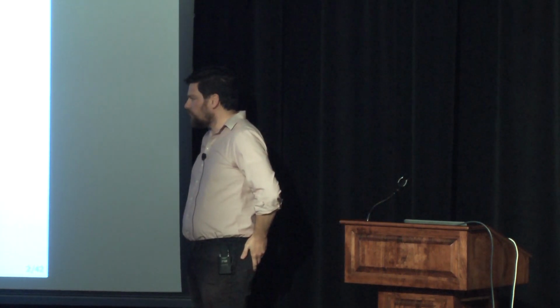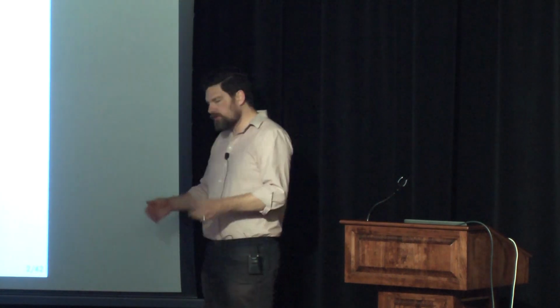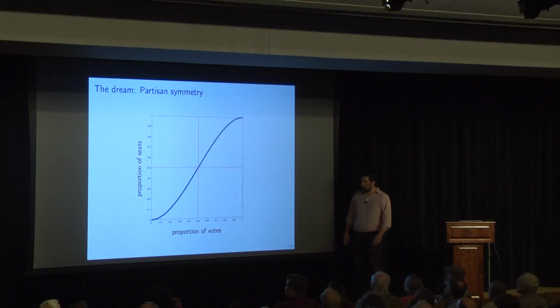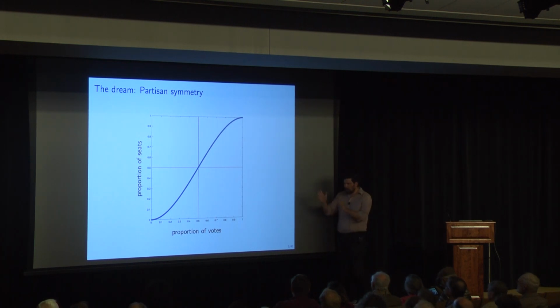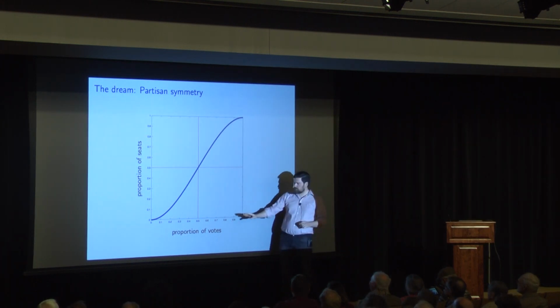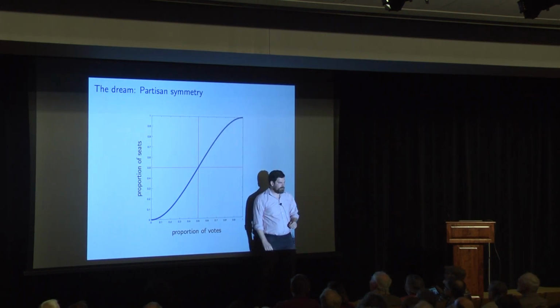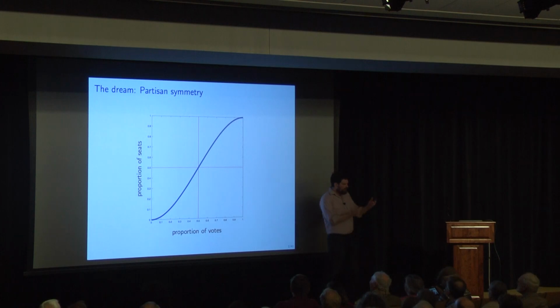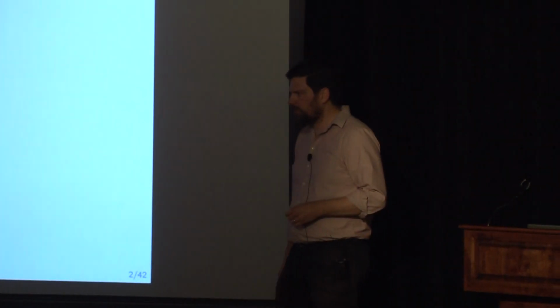So you could imagine that if on the whole scale, you count what's the proportion of votes that, I don't know, such and such a party got, maybe that would reflect somehow the proportion of seats that are won by that party. Okay? So the dream would have something like 50% of the votes leads to 50% of the seats. And it increases and decreases from there. Okay? That's the dream. That's what we would like.